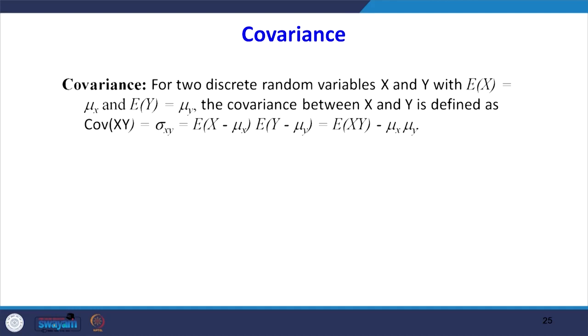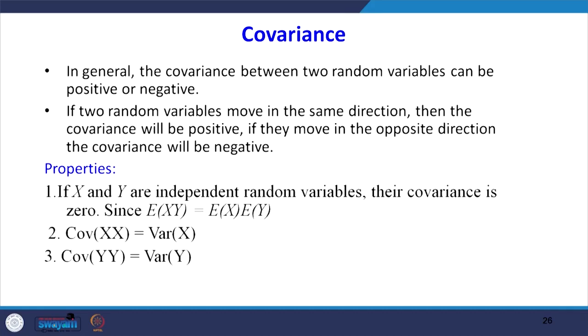When you simplify, you will get E of XY minus mu x multiplied by mu y. That is the covariance. In general, the covariance between two random variables can be positive or negative. If random variables move in the same direction, the covariance will be positive. If they move in the opposite direction, the covariance will be negative.